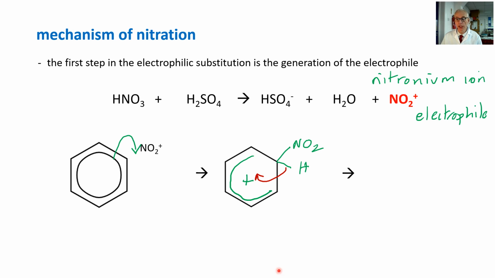So here is the product, nitrobenzene, but what have I forgotten to include? I hope you remembered. We are going to have a hydrogen ion. This hydrogen here must not be forgotten. It used to have an equal share of a pair of electrons in a covalent bond. It no longer has.